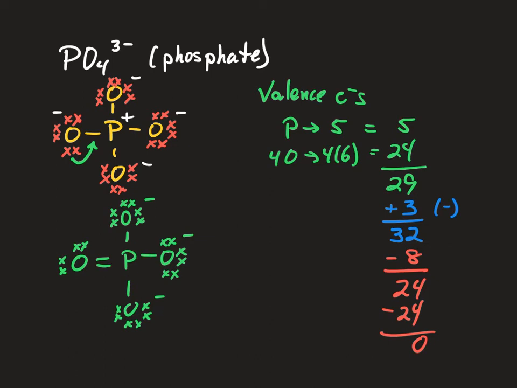And again, we could have done this with any of these 4 oxygens. So we know that there will be 3 more equivalent resonance structures if we wanted to draw them, right?